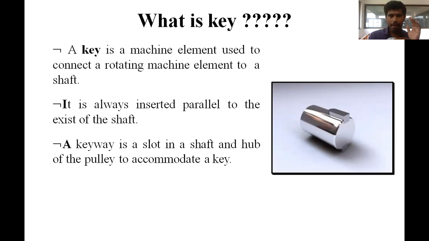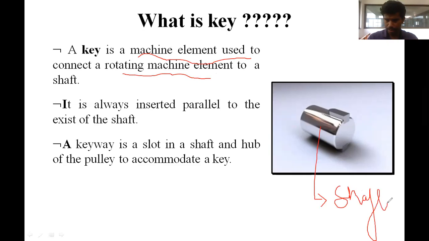Next, you can see here, what is a key? I mentioned it is the machine element used to connect the rotating machine element to a shaft. This is the shaft, and this is the key.